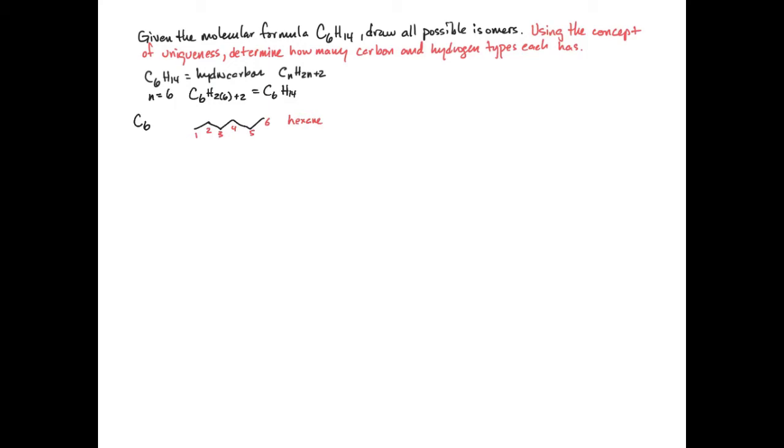In determining the unique types of carbon and hydrogen, we have terminal methyl groups. Those are CH3 groups. I'm just going to underline them in blue. So those are the same type. Then if you look at 2, 3, 4, and 5, those are all CH2 groups, but they're not the same type of CH2 group.